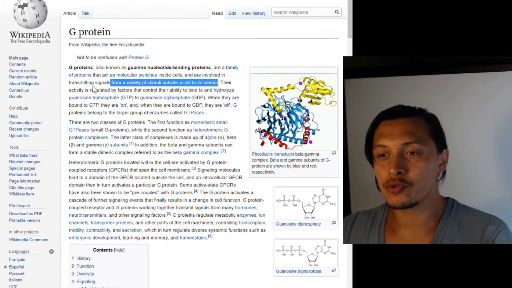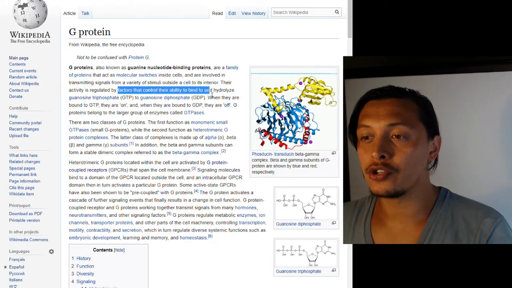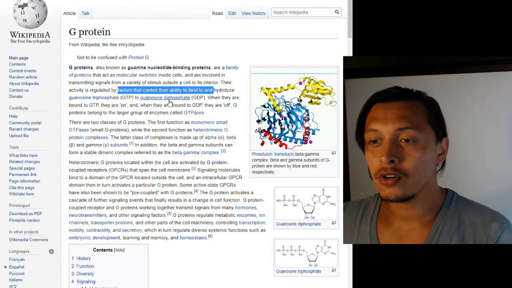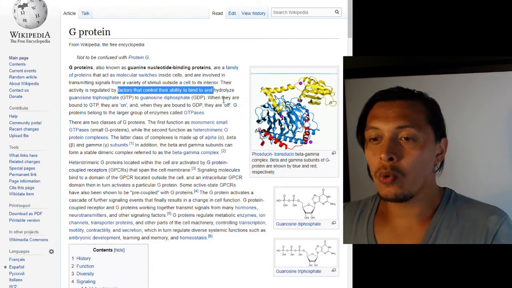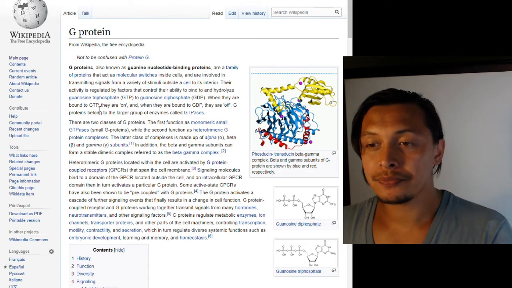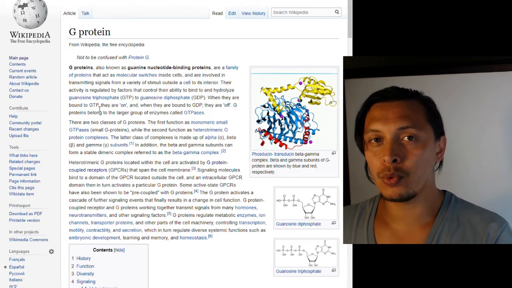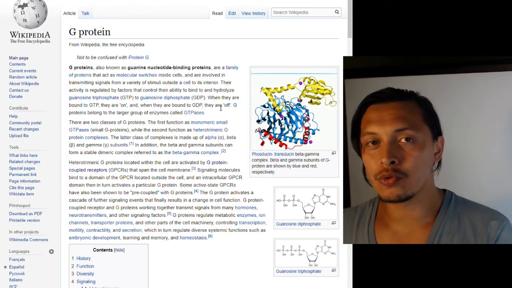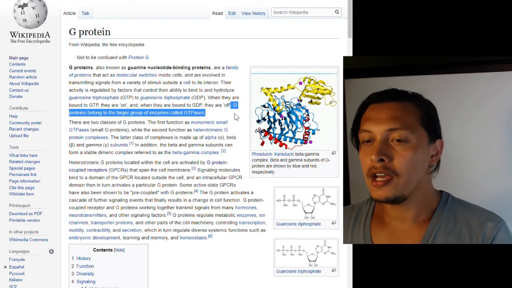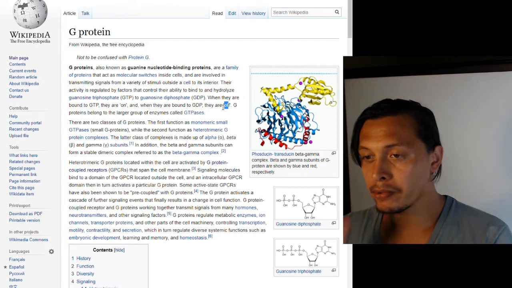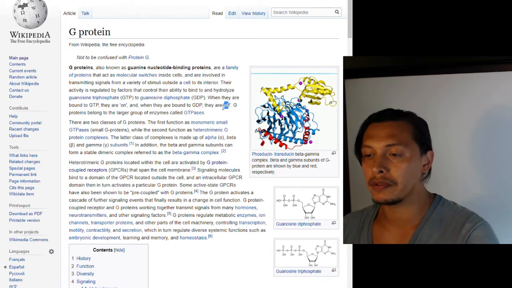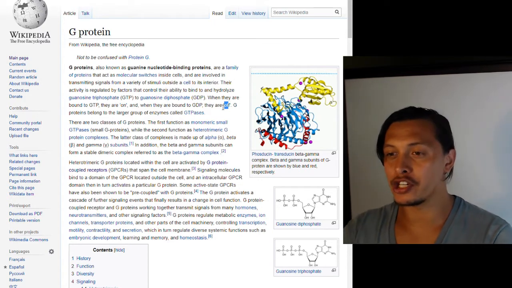Their activity is regulated by factors that control their ability to bind to and hydrolyze guanosine triphosphate or guanosine diphosphate. When they are bound to GTP, they are switched to the on state. When they are bound to GDP, they are switched to the off state. G proteins belong to the larger group of enzymes called GTPases, or things that can break up a GTP molecule.